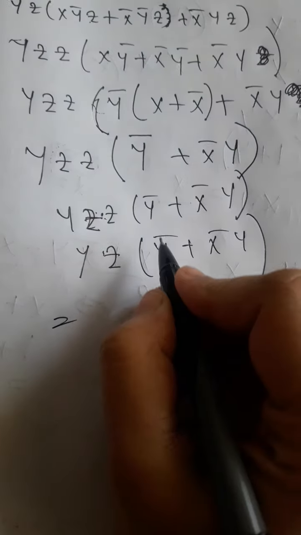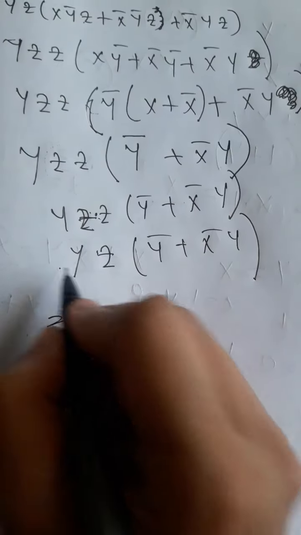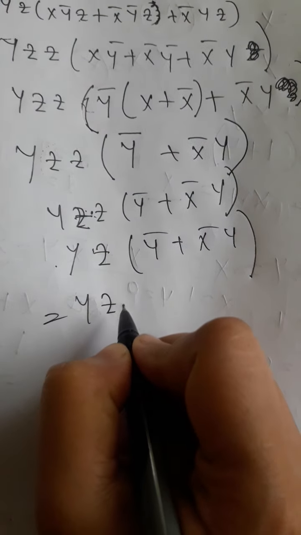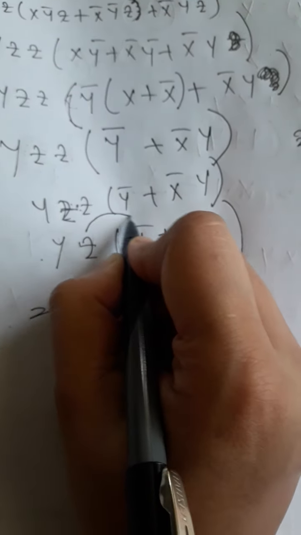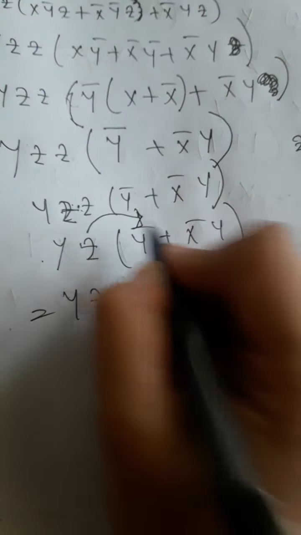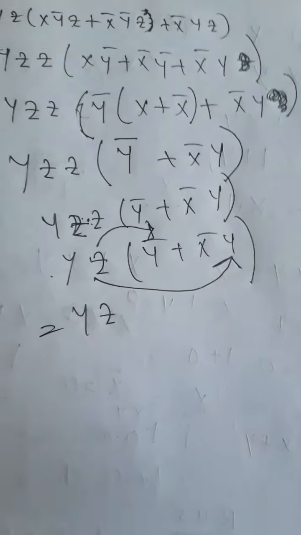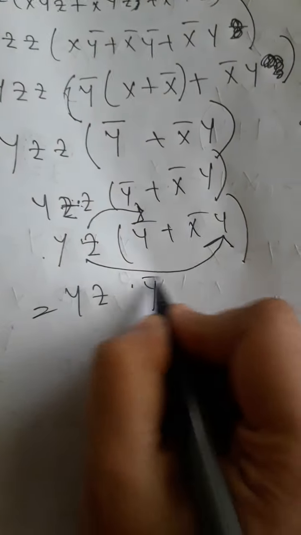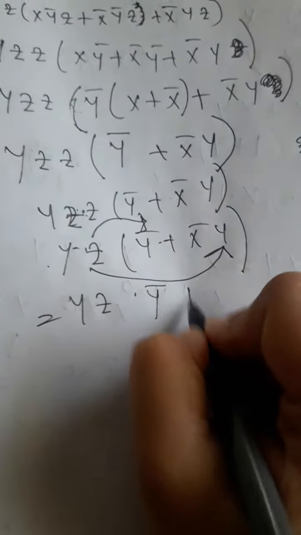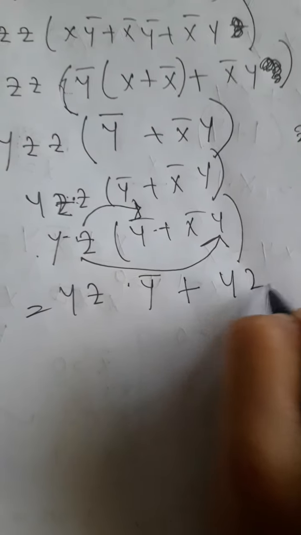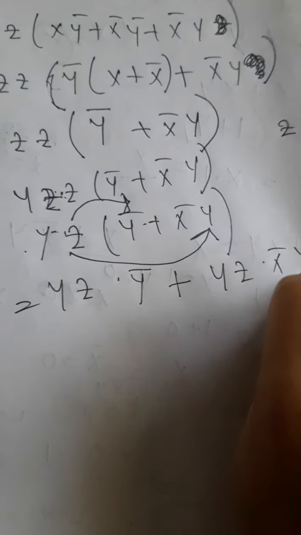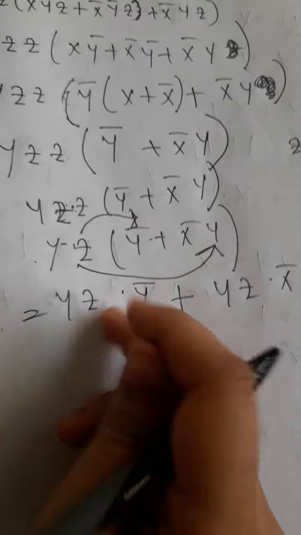Now, we multiply yz first with this one, and then we multiply it with this one. So yz into y bar for this multiplication, plus yz into x bar y.